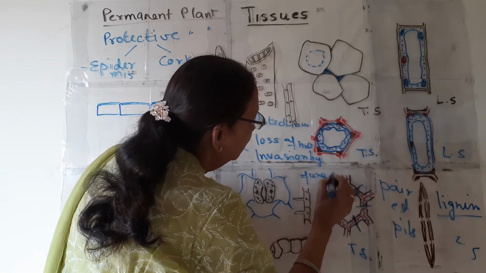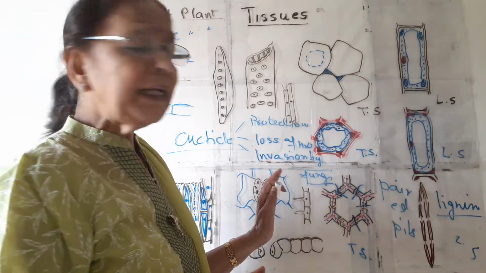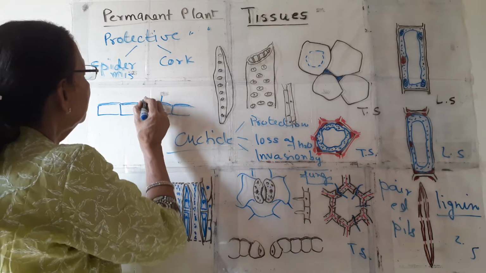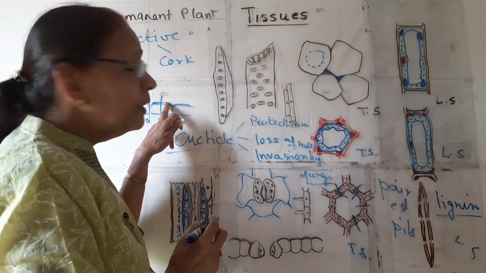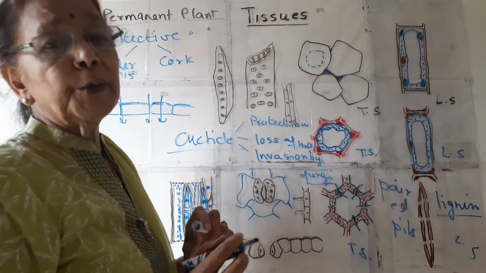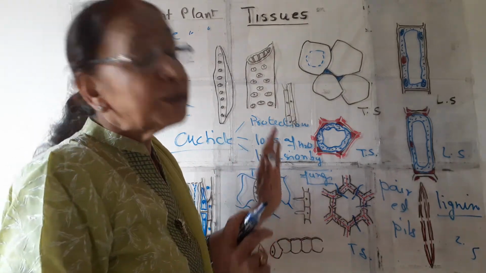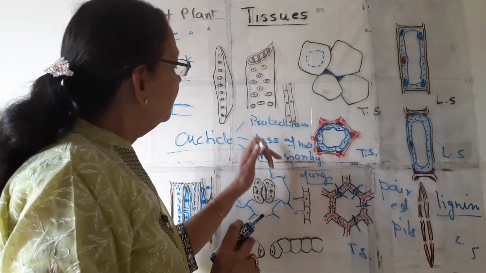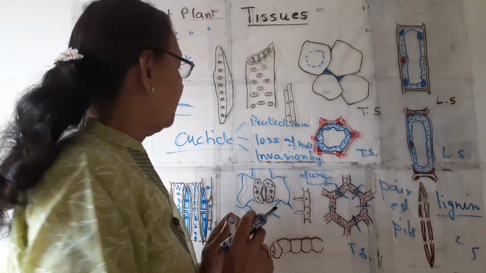The fungi which are harmful for the plant body, may be pathogenic, cannot enter the plant body due to the presence of this cuticle and due to the absence of intercellular spaces. So this epidermis has three functions to do.